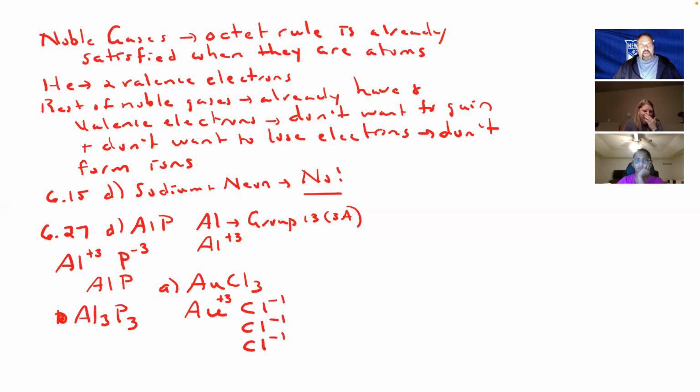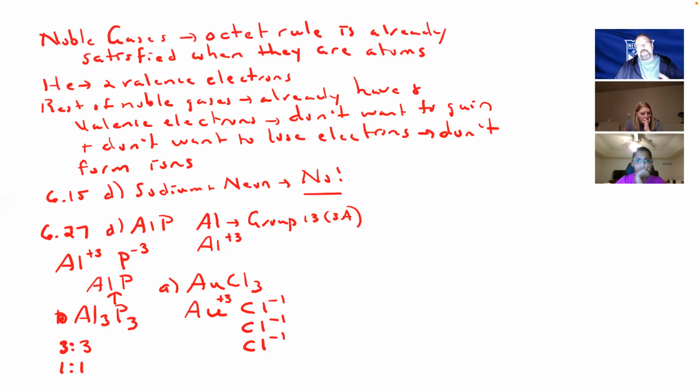Here's the thing. If you were to do the crisscross method, just using the numbers, not the signs of the charges, you would cross the 3's to give you Al3P3. But what you have to do with the crisscross method is find the simplest whole number ratio in order to have the correct chemical formula. So a ratio of 3 to 3 can be simplified to 1 to 1, and that gives you the chemical formula of AlP.